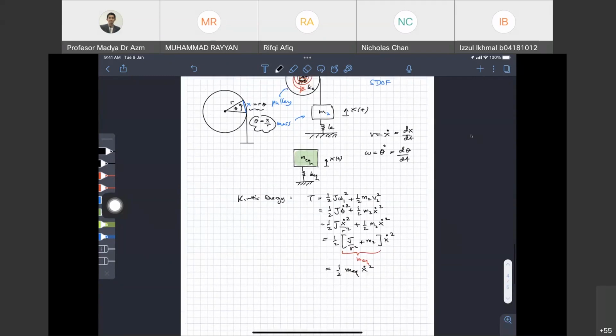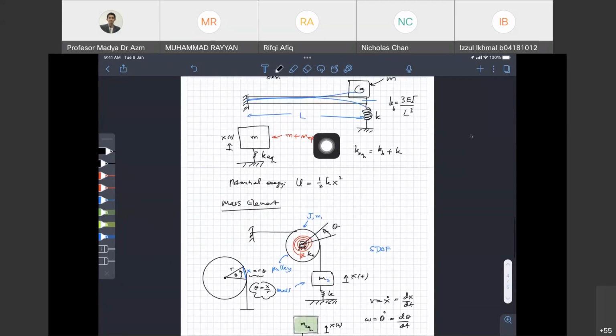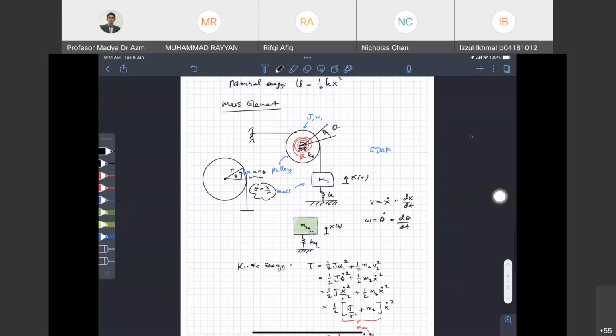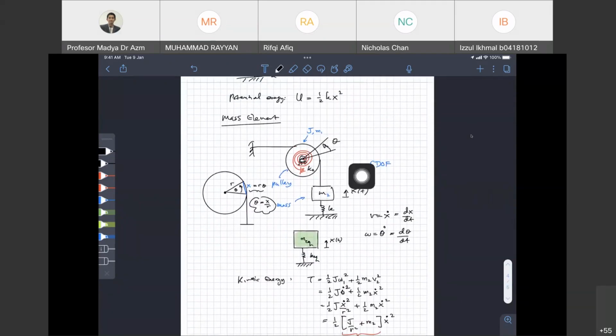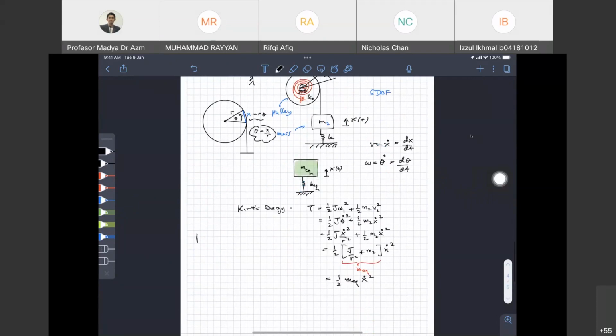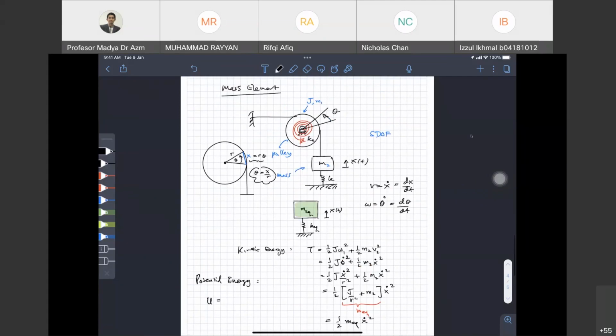Okay, you will come up with the same concept for the stiffness as well. So let's see for the stiffness, the potential energy. In potential energy, we concern only with the stiffness component. So U equals one half of the sum. How many components do we have?